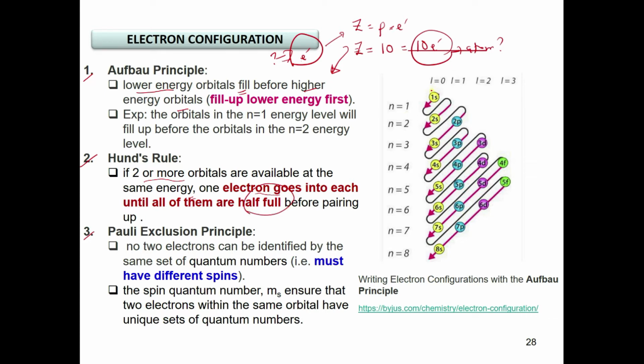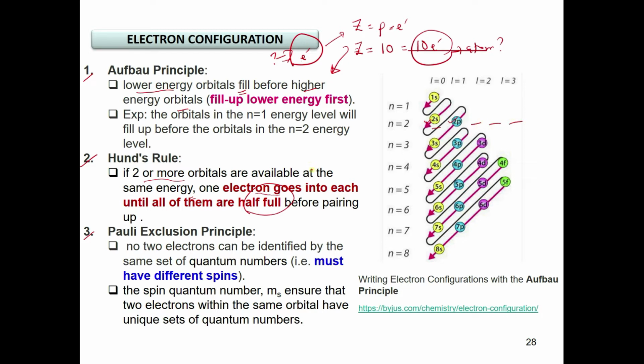Say, for example, we have principal quantum number 1 and quantum number 2. For quantum number 1, we have the 1s orbital. For energy level 2, we have the 2s orbital and the 2p orbital. The s orbital has 1 state of energy, however the 2p has 3 energy states.